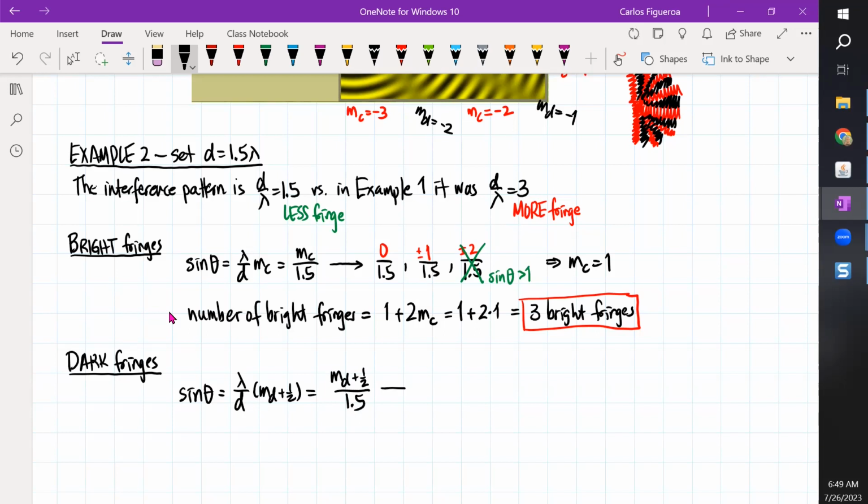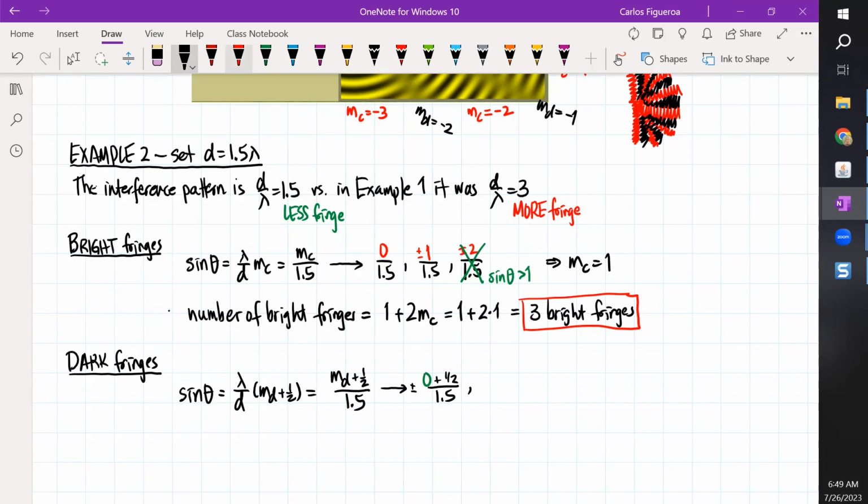So here's my sequence. If I start my sequence, I'm going to get 0. But remember, there's 2 zeros, so I have to put plus or minus. Plus or minus 1/2 divided by 1.5. Okay. That's less than 1.